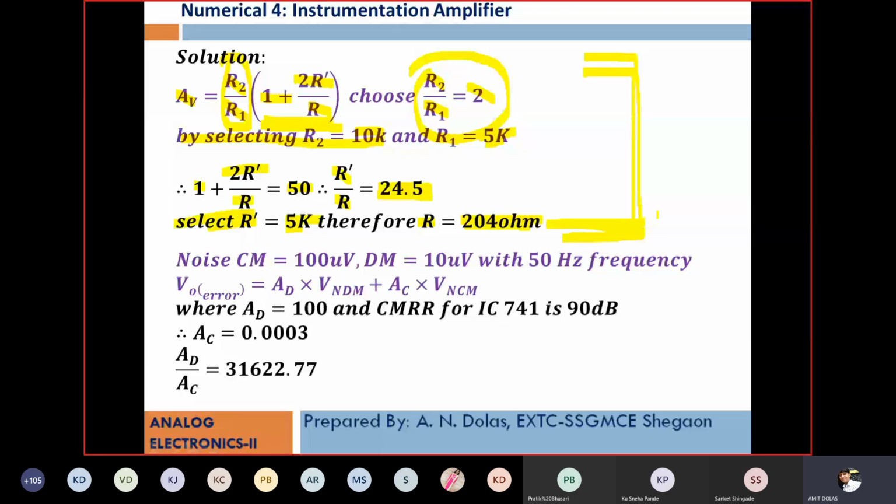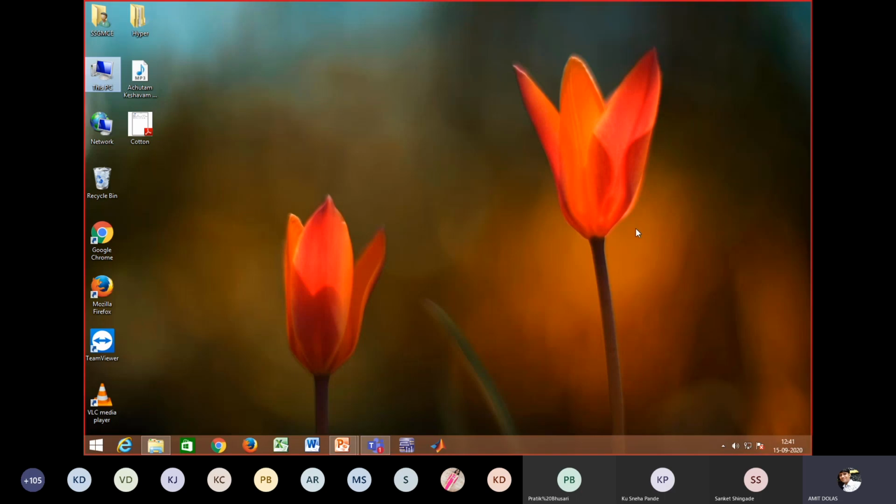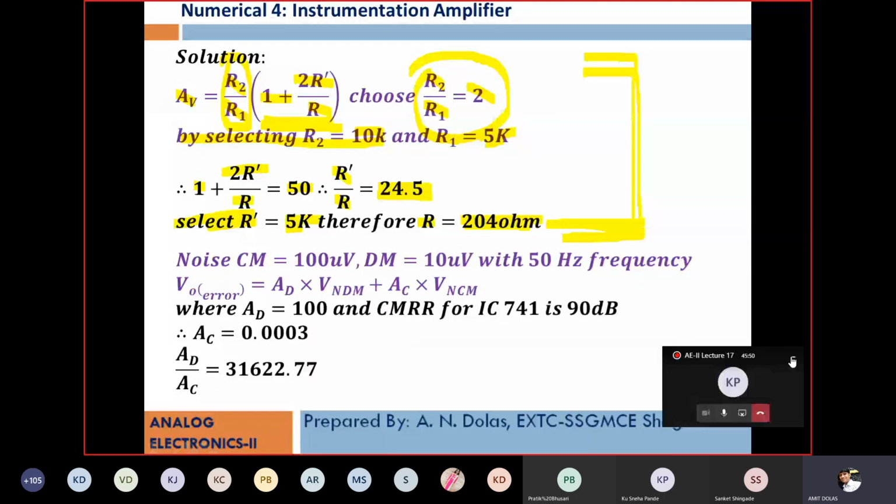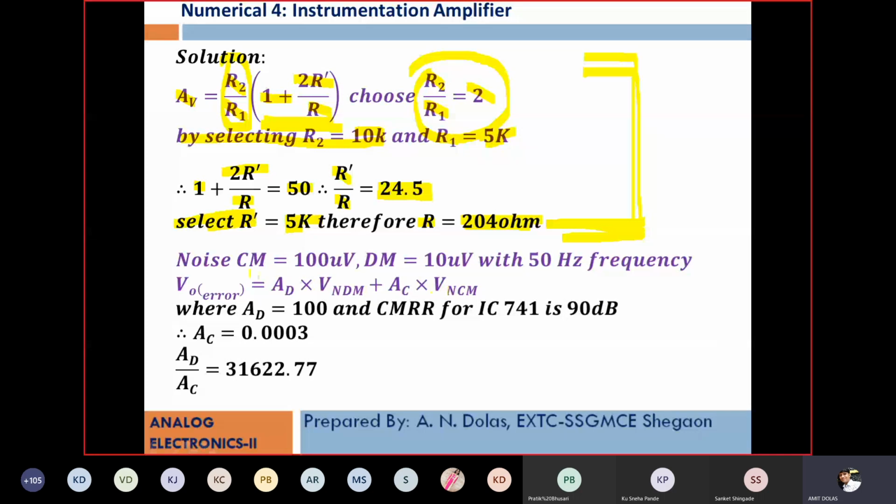Now in this problem statement, common mode noise and differential mode noise are also given.